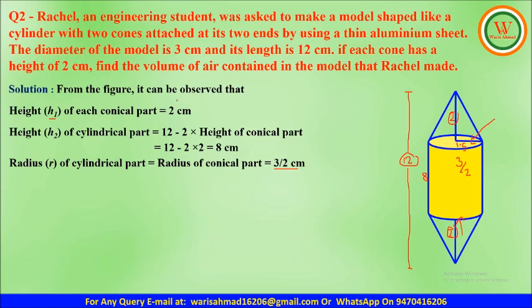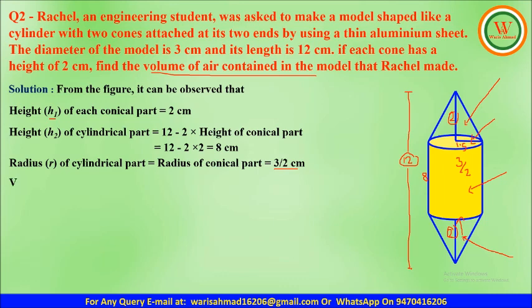Here we have to find the volume of air contained in this model. To find the volume of air present in the model, we have to find the volume of air contained in the cylinder, then volume of air contained in this cone, and then again volume of air contained in this cone also.